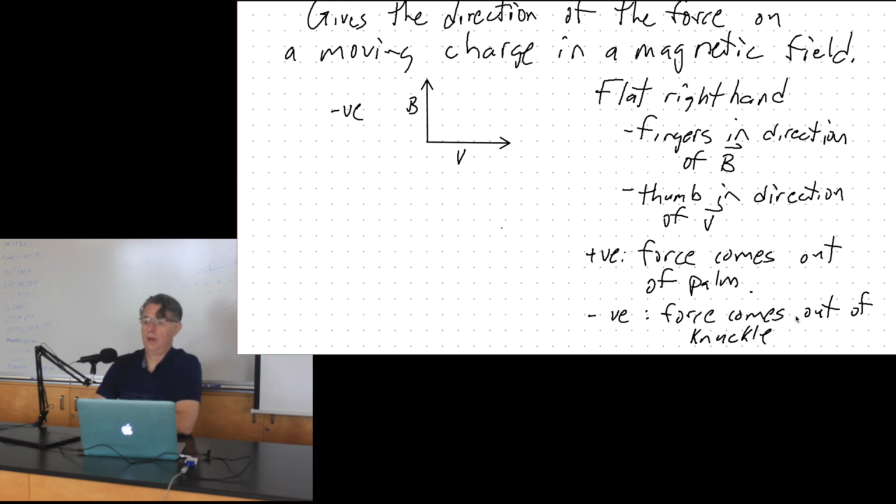So this gives you a memory mnemonic, like a little chant: positive palm, negative knuckle.